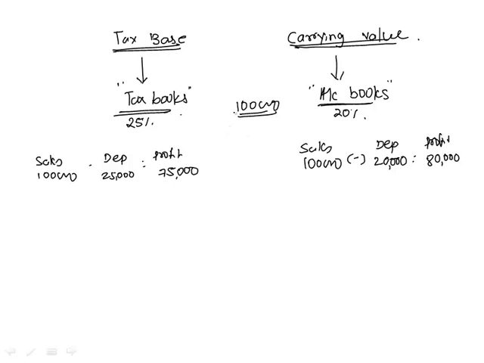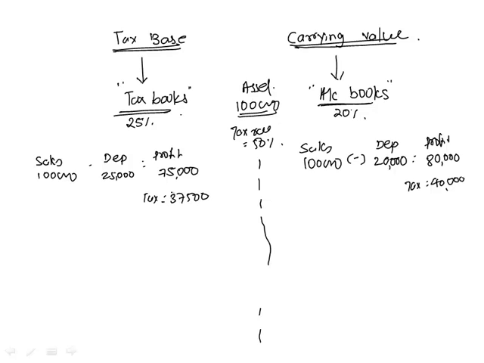Let us assume a tax rate of 50%. So the amount of tax here would be how much? 37,500, and the amount of tax here would be how much? 40,000. Now which one of these two are we actually going to pay?